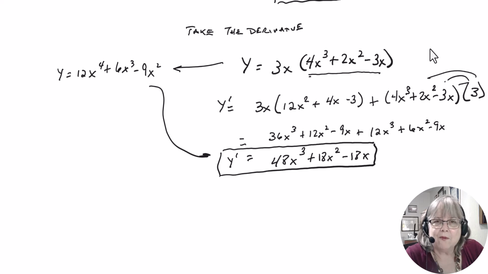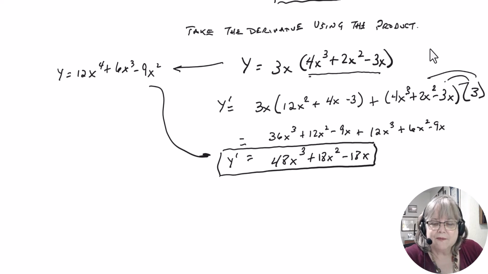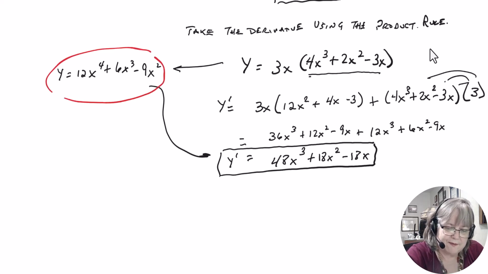Do whatever rule you want to do. Okay, but if it says using the product rule, and you do this and say y prime is 48x cubed plus 18x squared minus 18x.